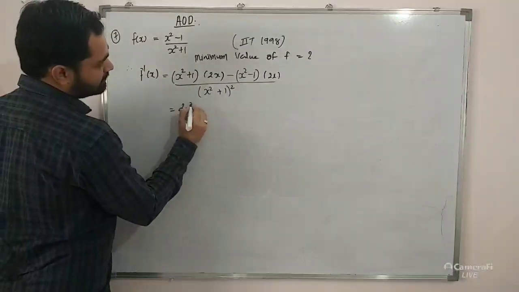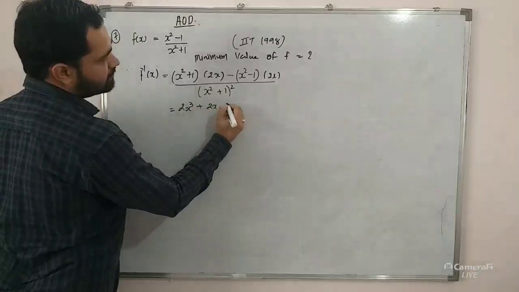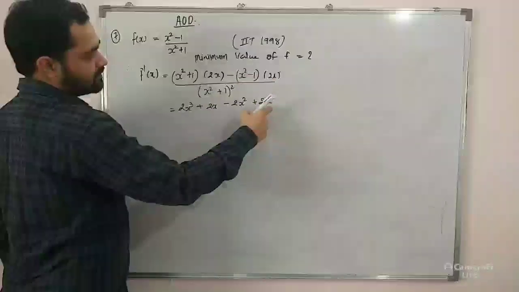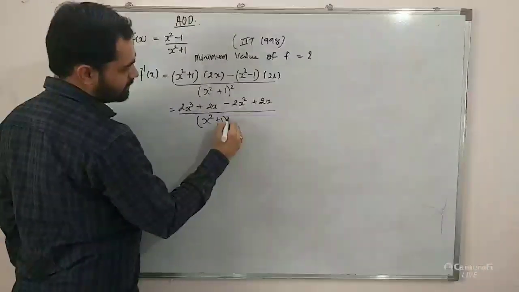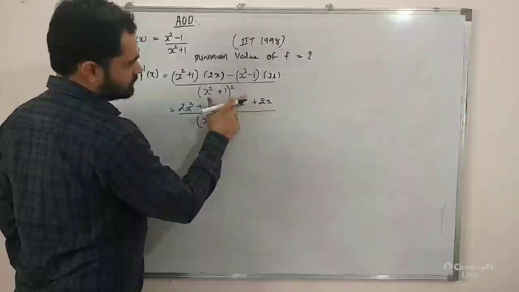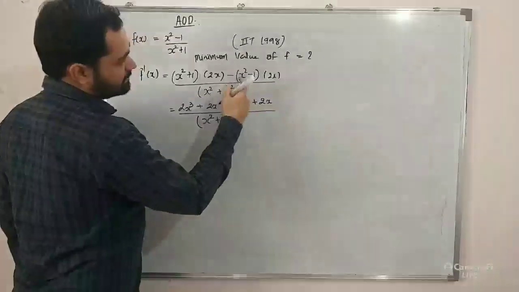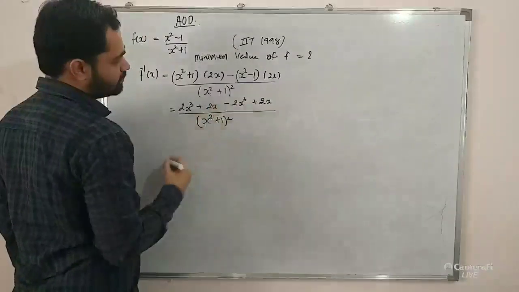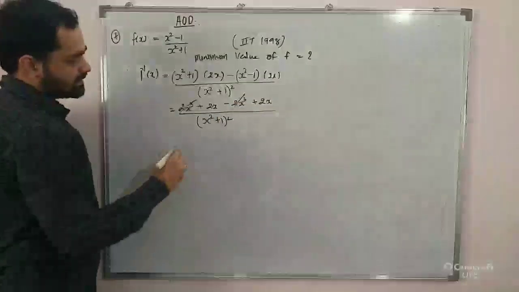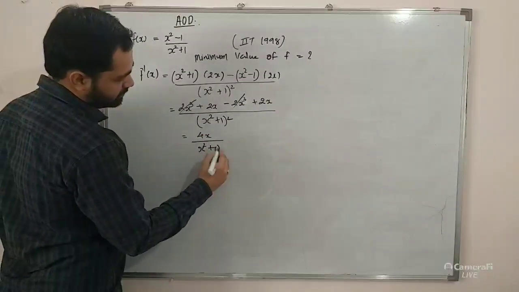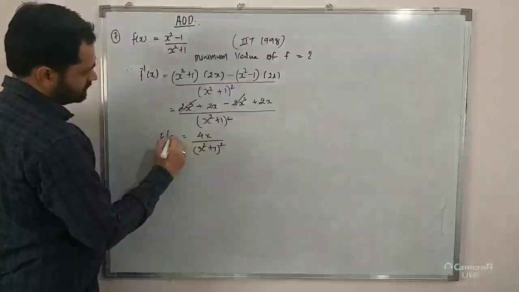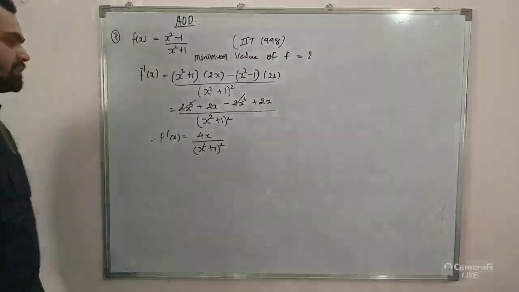We will get 2x cube plus 2x minus 2x cube plus 2x upon x square plus 1 whole square. Sorry, this is 2x cube: x into x means 2x cube gets cancelled. So the remaining term is 4x upon x square plus 1 whole square. So this is the f dash of x.